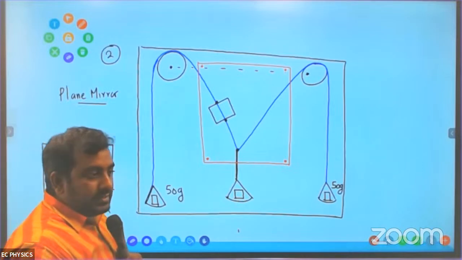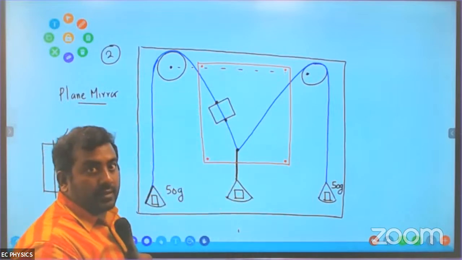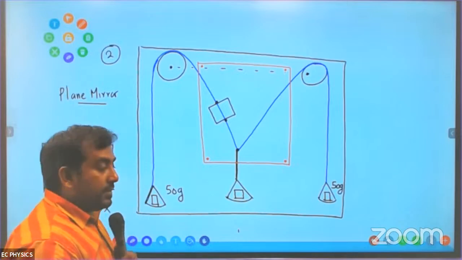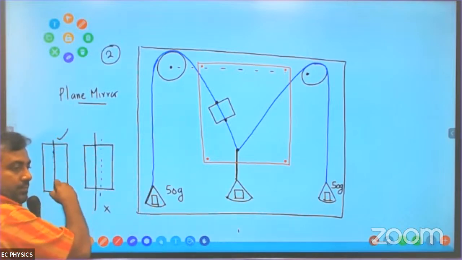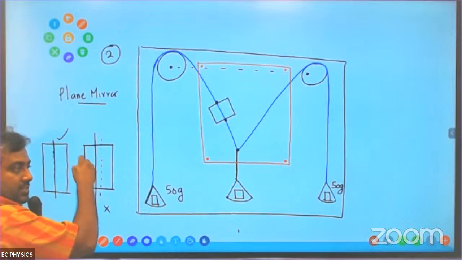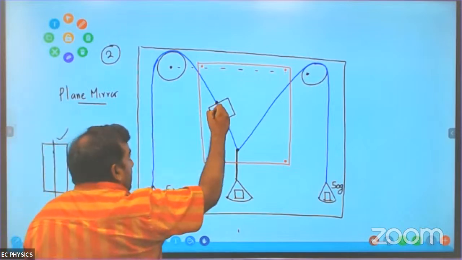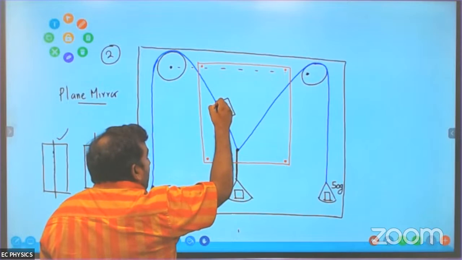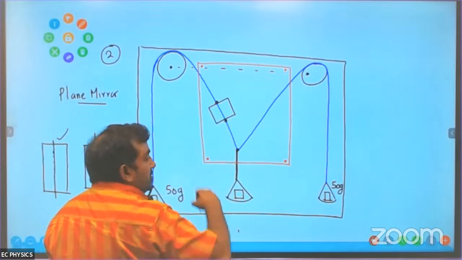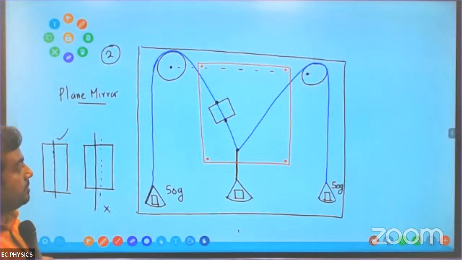What you're doing is, you're projecting these 2 points on the string. Now, what do you mean by projecting? When the string and the image coincide with each other, the string point is indicated here on the piece of paper.